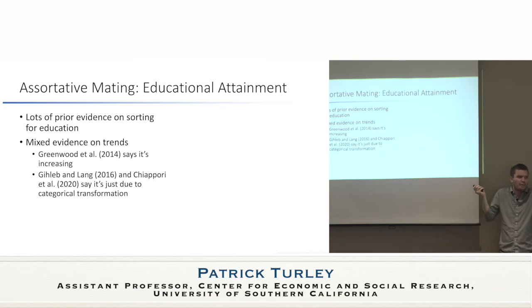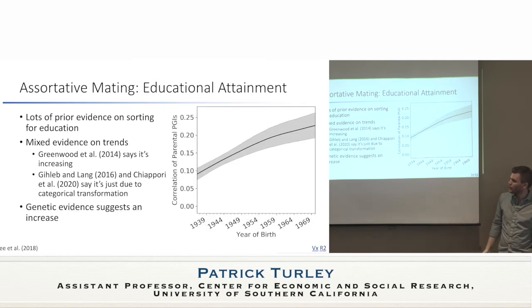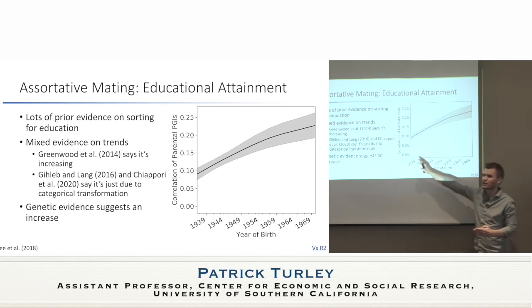And this goes back to the issue that phenotypic assortative mating can be sensitive to how you're coding and reporting. When we use the genetic evidence to see how much sorting there is, we see a pattern similar to the education one, where there is sorting in education and the sorting has been increasing over time. And then going back to your point, if we look at the R-squareds, the predictive power for these cohorts is a little bit smaller than over here.